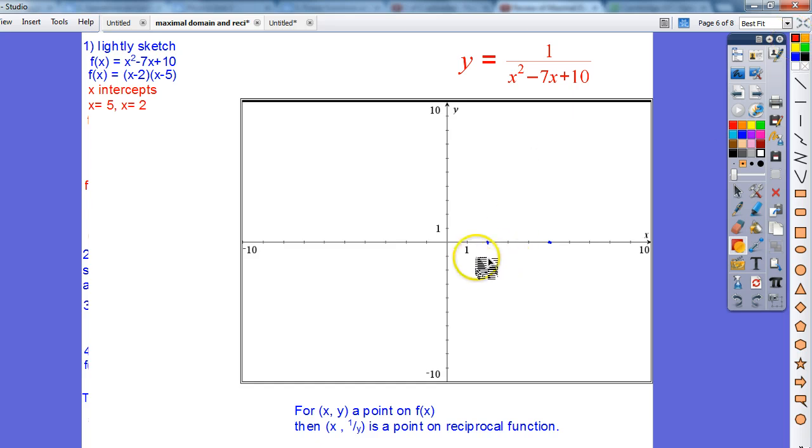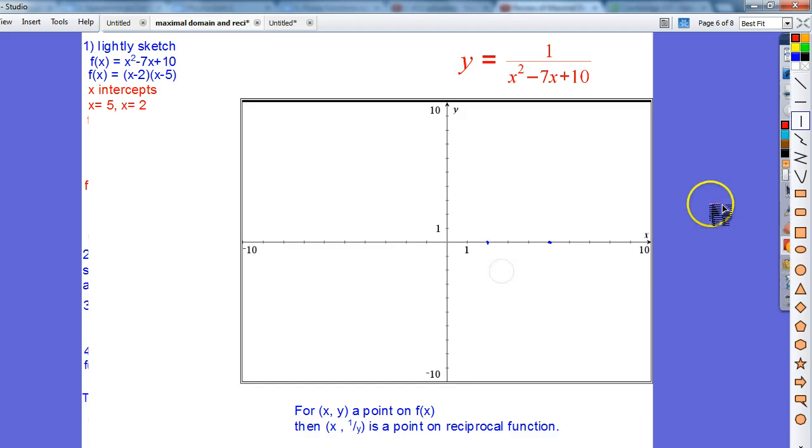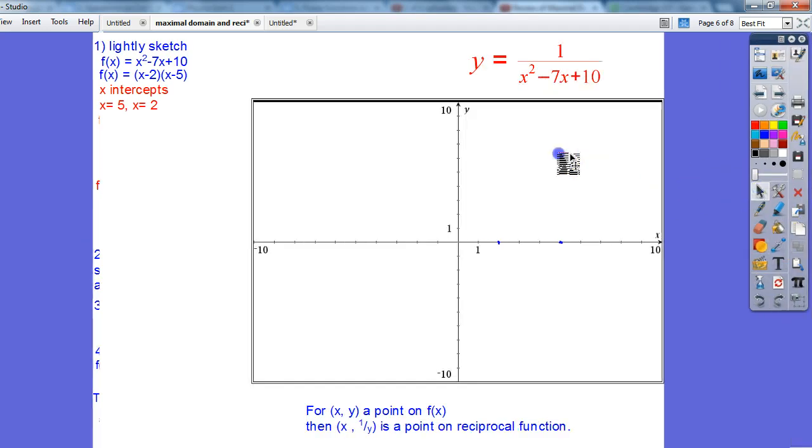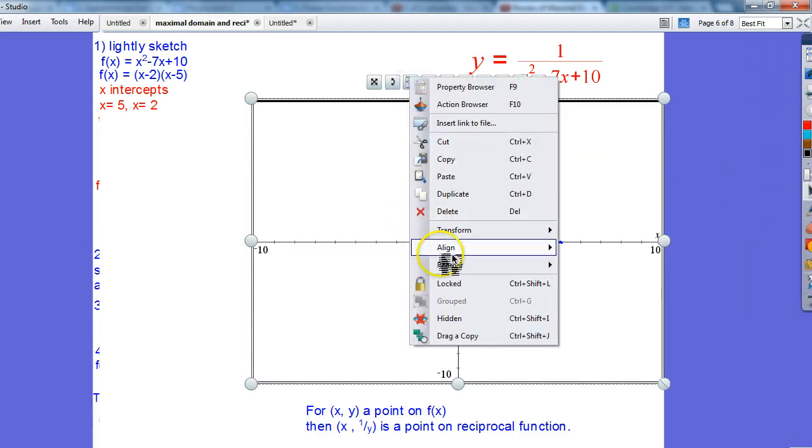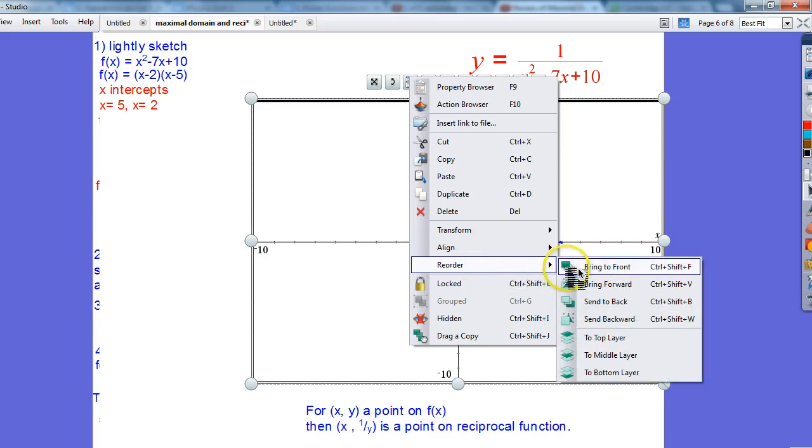I'm going to grab, we'll do it like this, for it to be asymptotic. Draw in asymptotes. Oop. Well, let me just put this to the very back.